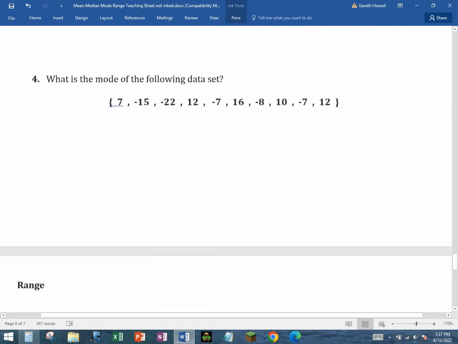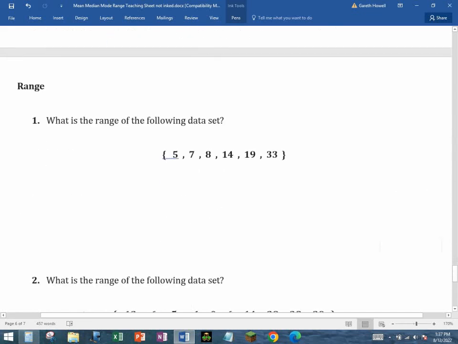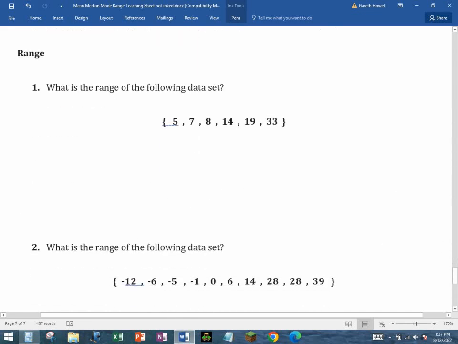Okay, last example or set of examples are based on range.